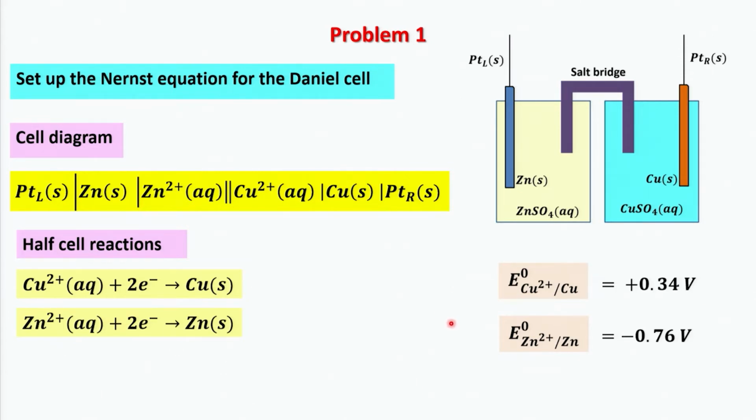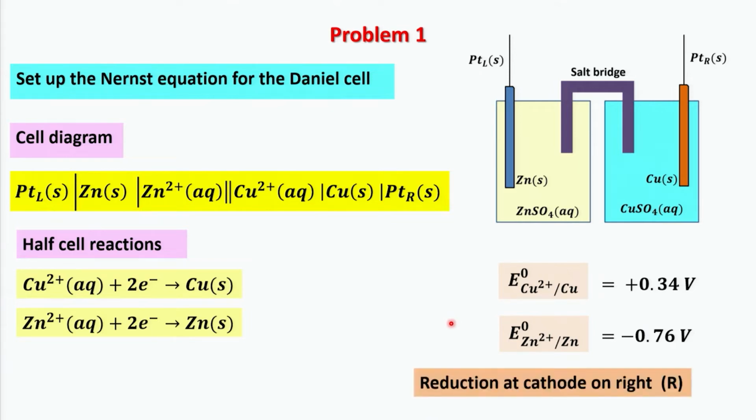0.76 volt. So, here if I want to check what kind of reaction I will be having in the cell, I will follow this notation: reduction at cathode on right. So, on the right, that is here in this compartment, there will be a reduction reaction whereby copper 2 plus in the aqueous medium will be reduced and get converted to copper solid.